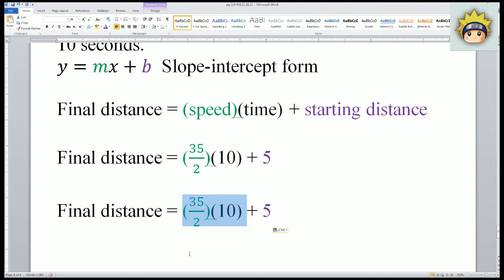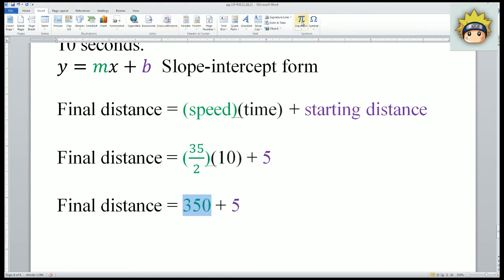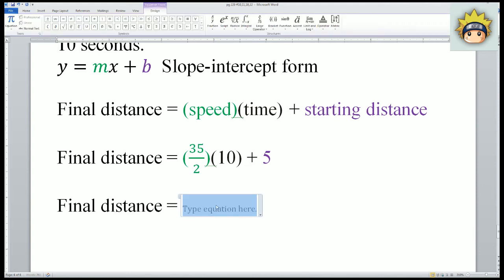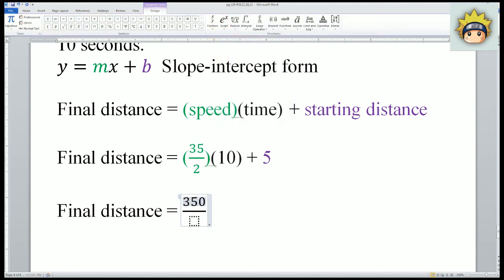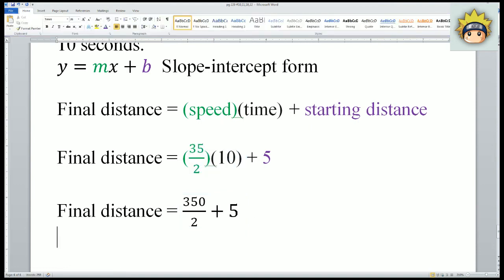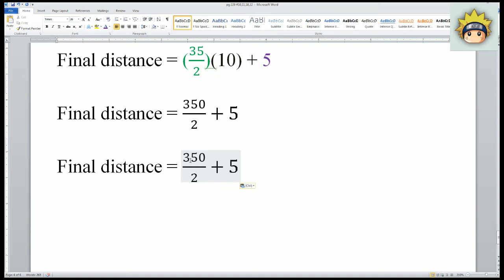Hold on, let me write that out. This should be in equation format: 350 divided by 2, plus 5, because I just multiplied here.